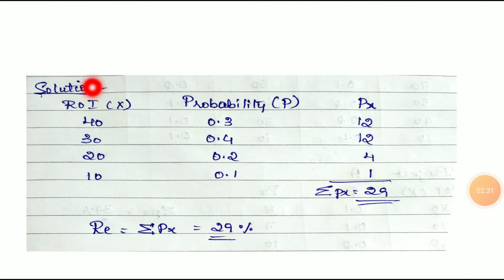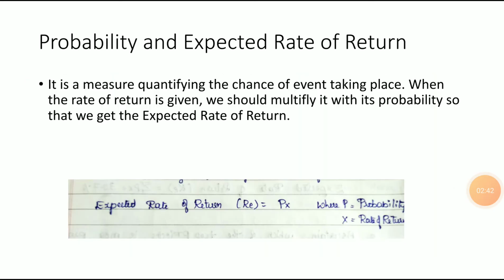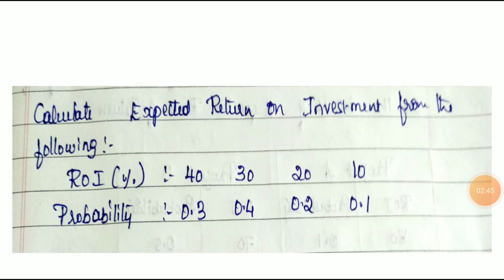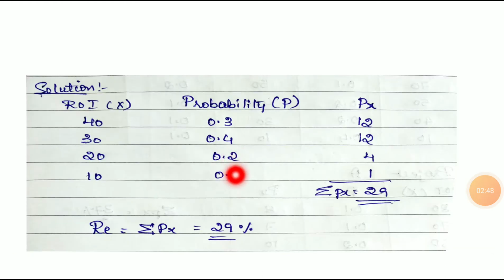First we write the given information. Return on investment we consider as X, so we write 40, 30, 20 and 10, and the probability given is 0.3, 0.4, 0.2 and 0.1.